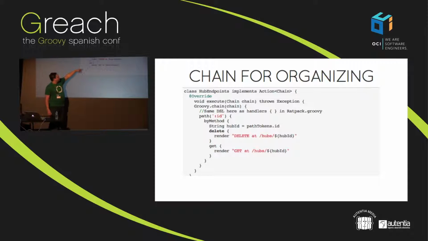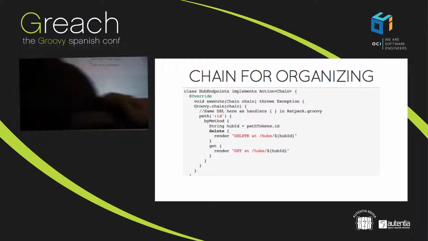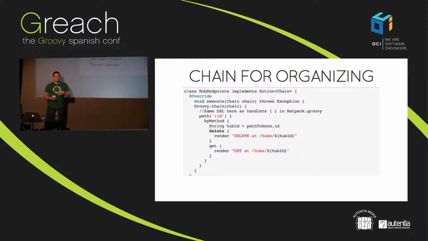And you can see I did a little bit of just really simple rendering, but this allows us to keep everything about hubs isolated, all those routes at one place. And if we want to move this functionality because we want to potentially version the API or something like that, we can actually have a prefix that has a version in it and then do another chain with a different version. If you want to use the version in the URL, you could also use a lot of other options, and that's probably a 2-hour conference talk just versioning APIs, so we'll avoid that.